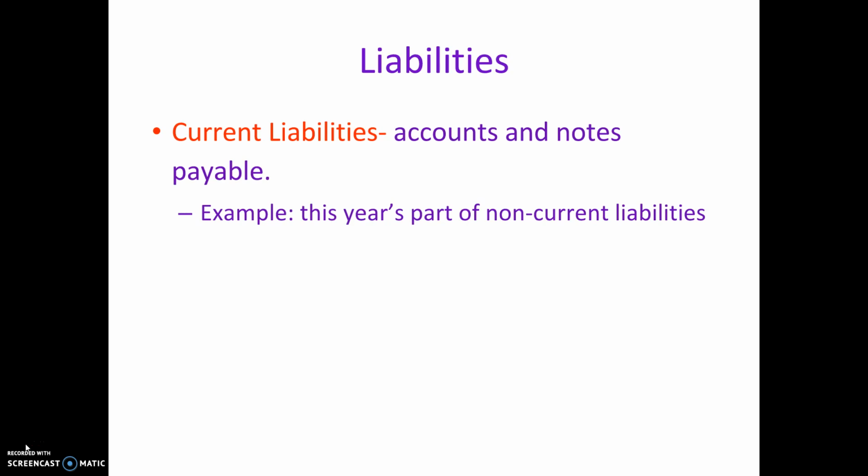So that $10,000 would be your current liability of your mortgage. So your mortgage actually gets split into two categories, current and non-current liability. The current liability of our $100,000 mortgage is that $10,000 due this year. The non-current liability portion is the $90,000. That's the remainder of the mortgage after you've paid this year's bit.